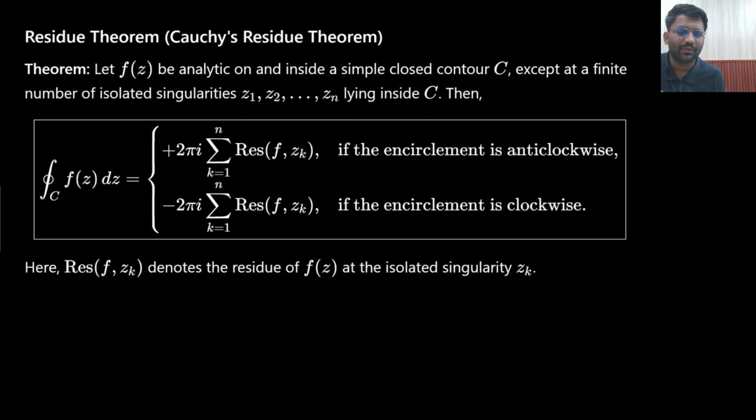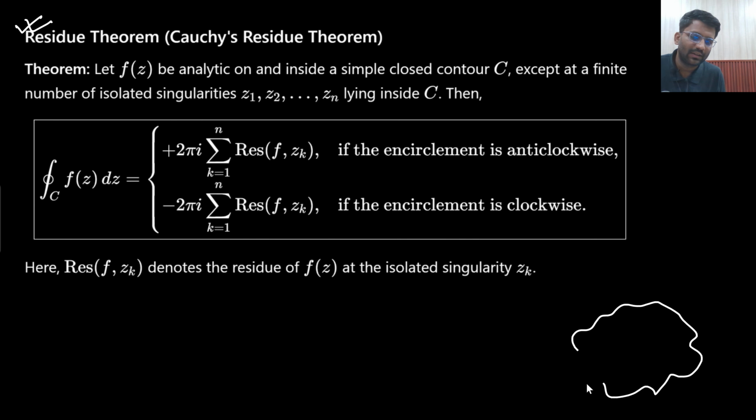So let me pause the video. You can read this statement. It is known as the Cauchy residue theorem. What is the theorem? Let f(z) be analytic on and inside a simple closed contour C, except at a finite number of isolated singularities Z1, Z2, ..., Zn lying inside C. That means this is your closed contour C, and it is not analytic at Z1, Z2, Z3 and Zn.